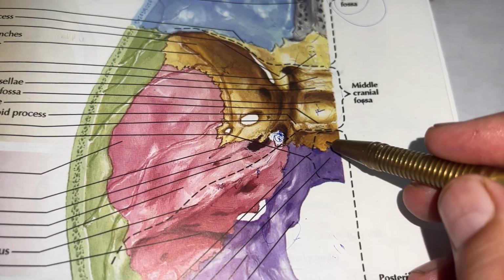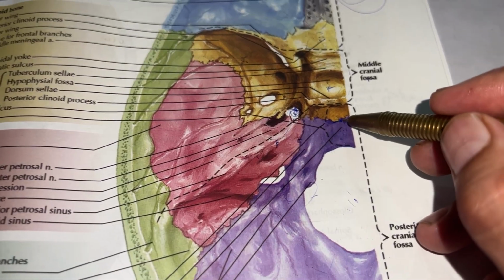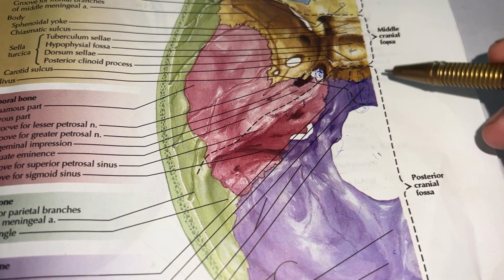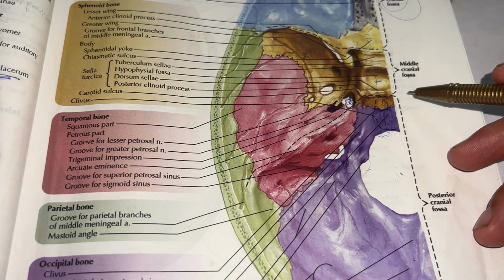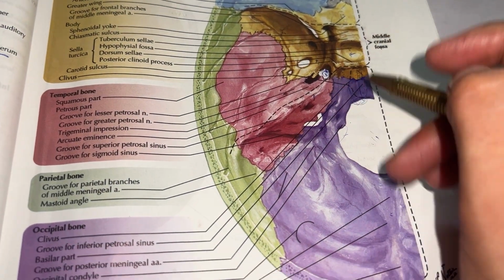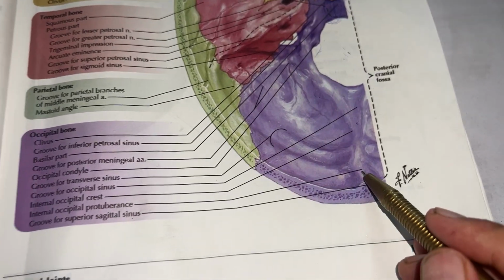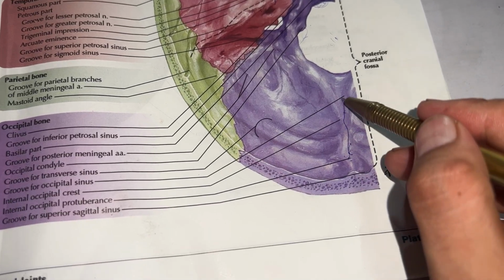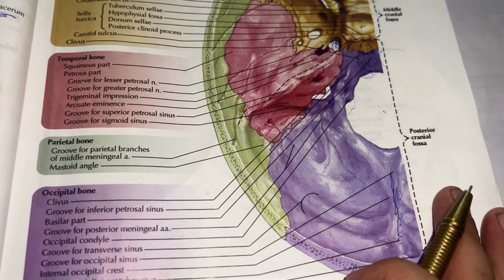You can see the sphenoid bone and this occipital bone have a suture, and this part of the posterior cranial fossa is called the clivus, which transmits the basilar artery. So this is the clivus, and on the occipital bone, this is the internal occipital protuberance, and the line from here is the internal occipital crest.